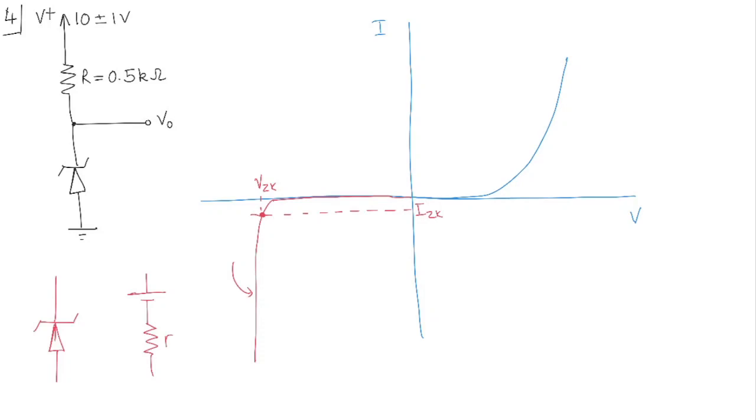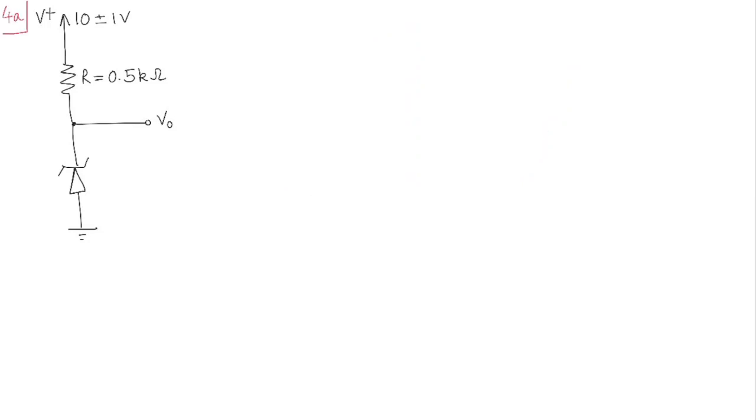Let's say this is called RZ, the resistance of the Zener diode. And this is, let's say, VZ0, which is the breakdown voltage of the Zener diode. Okay, now knowing this, I think we can go to solve the problems that we are doing. So let's take a look at that next.